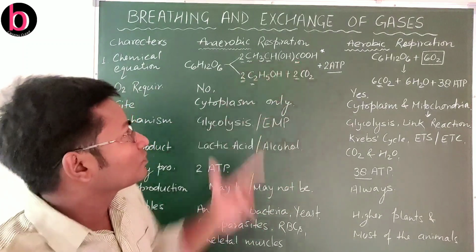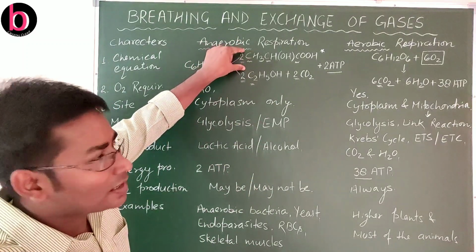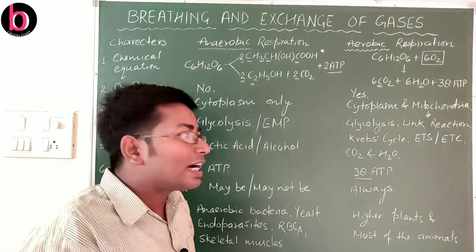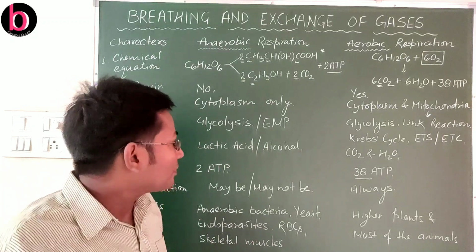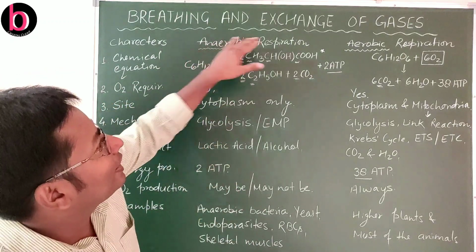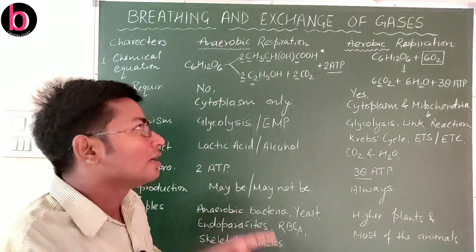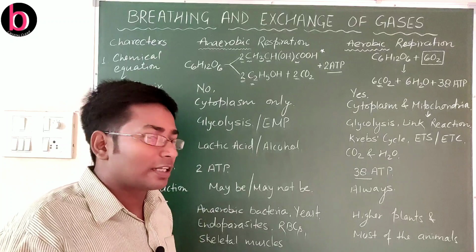One more thing, lactic acid formation or ethyl alcohol formation, if this occurs in microorganisms, is also known as fermentation. Anaerobic respiration in case of microbes like bacteria, like yeast, is also known as fermentation.